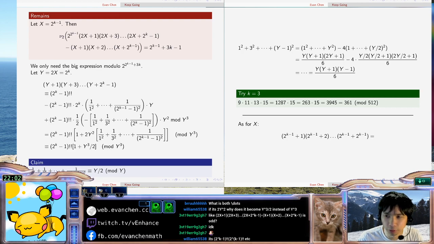I mean, you can compute the number of 2's exactly. We've done it like 3 times now. The number of 2's is exactly 2 to the k minus 1. Wait a minute. Yeah, 2 to the k minus 1. And then this will be some odd number. But I need to be a little finer about what that odd number is. So let's write it out. x plus 1, x plus 3.